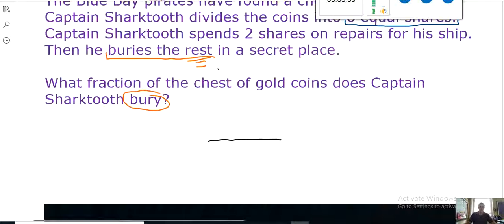So on top again, we're going to have the buried shares over the total shares. So the total shares, that was easy, that was 6.